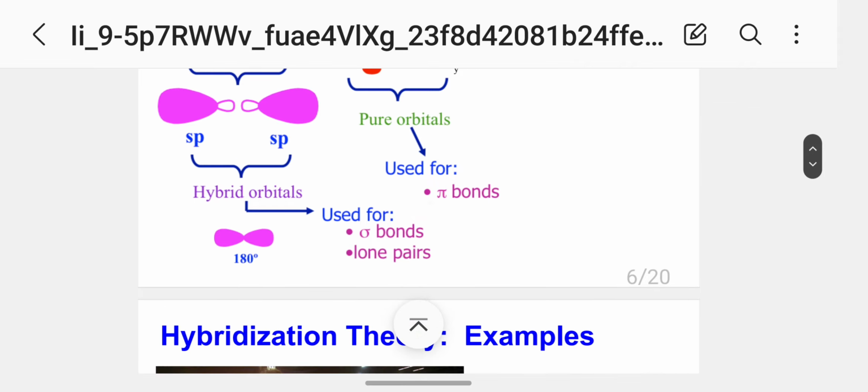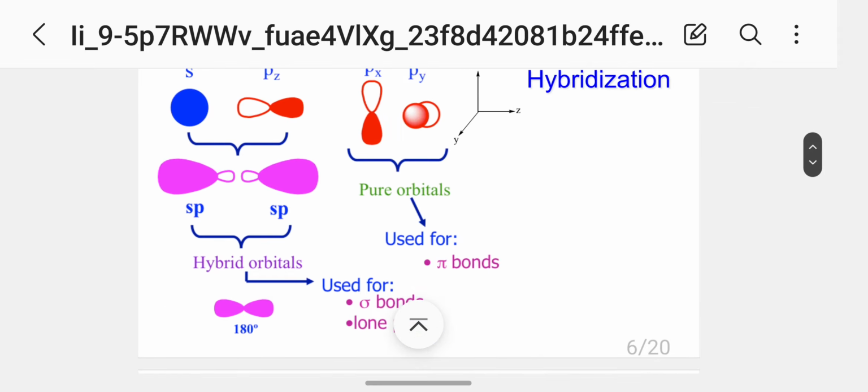You can see 1 sp, second sp, and the hybrid orbitals will be used for sigma bond formation and lone pairs. Hybrid orbitals are generally used for 2 purposes: sigma bond formation and lone pairs.